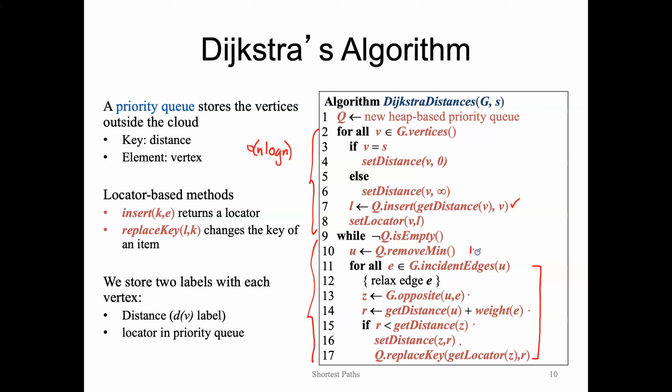Removing the min, this is log n. Replacing a key, because we have to do upheap bubbling, is log n. So our total cost here is big O of m log n, which means our running time for Dijkstra's algorithm is big O of n plus m times log n.